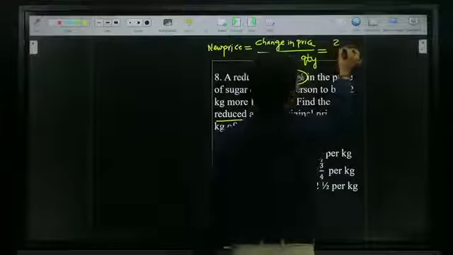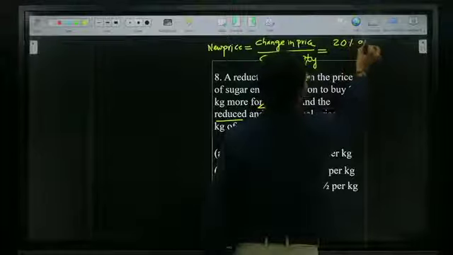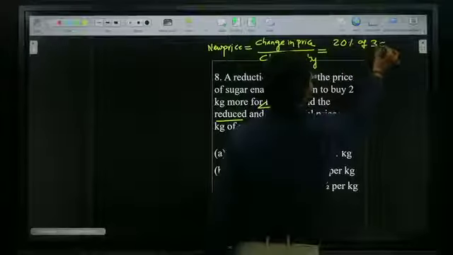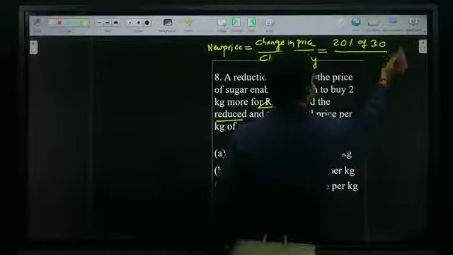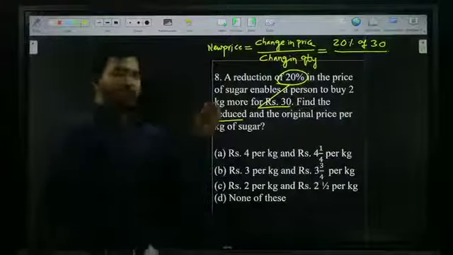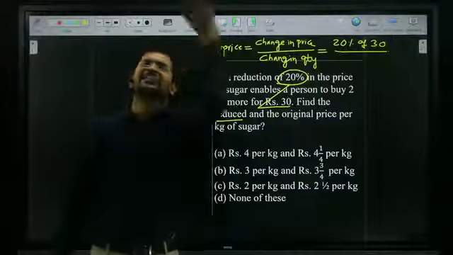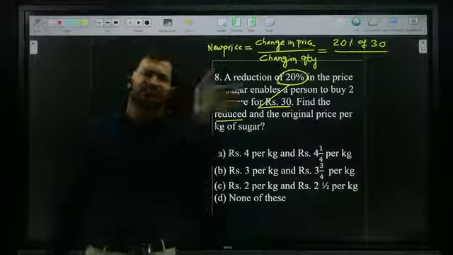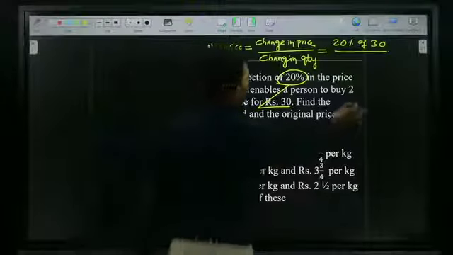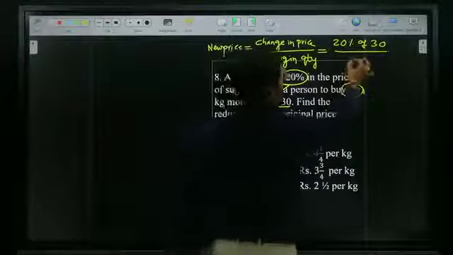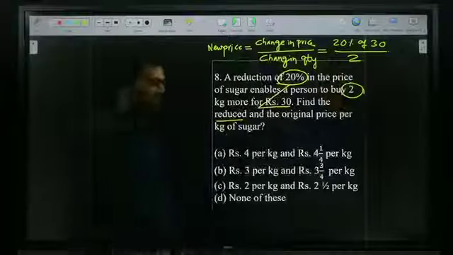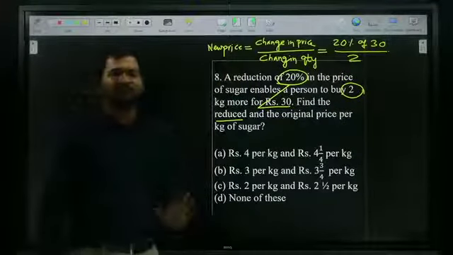Therefore 20% of 30 rupees, divided by the change in quantity. Due to the 20% reduction, how many kgs extra are you getting? 2 kgs extra.